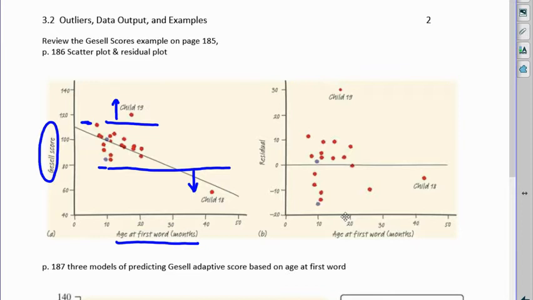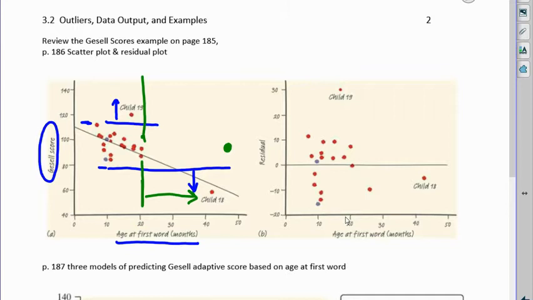Now on the x direction, as I look here, this being the window of the x values, that's telling me this child 18 is very extreme compared to the other x values. Now, if I add another child right here, this green dot I'm adding, pretend there's a child there.